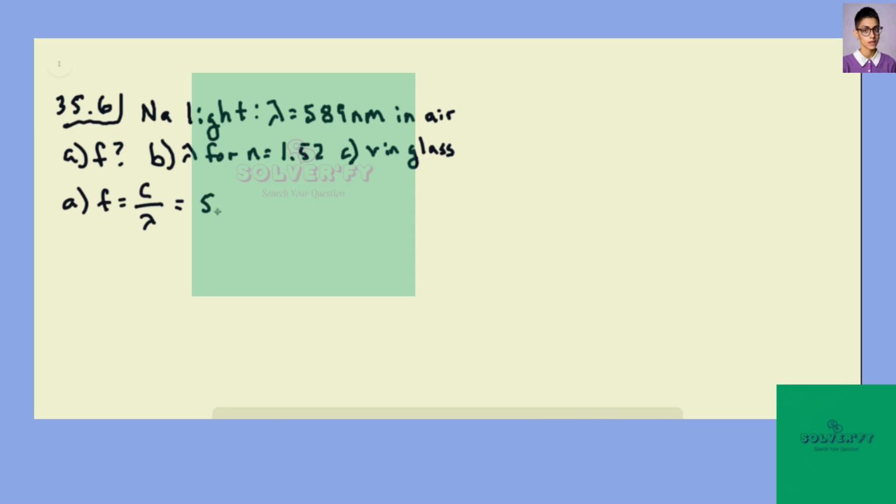And this doesn't change when it enters a different medium. Otherwise, we'd be out of luck in terms of trying to figure out anything. Because if the speed and the wavelength and the frequency all changed, then one of them needs to be constant in order for that to be useful for us.